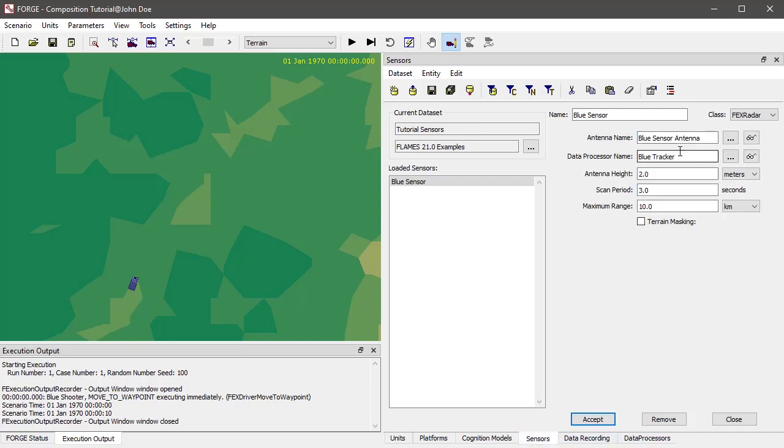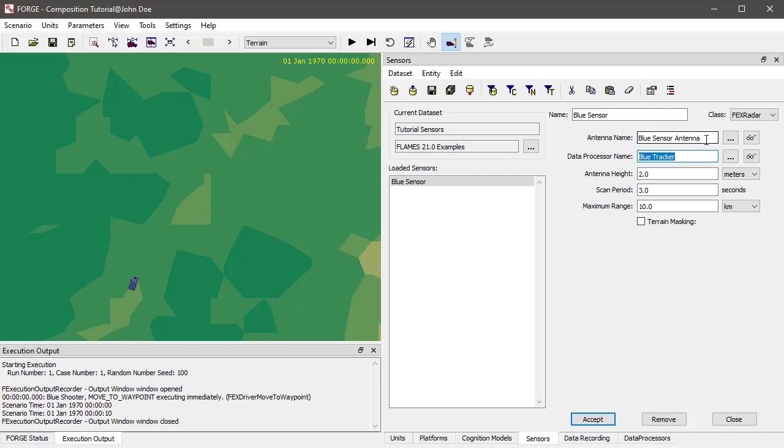So we specify which data processor we want to use, and we also specify what antenna. So sometimes sensor models don't have antennas. If it's an infrared sensor and it's, say, night vision goggles, there wouldn't be an antenna, but a lot of sensors do, and radars in particular, they'll have some sort of an antenna. This antenna model is very, very simple.